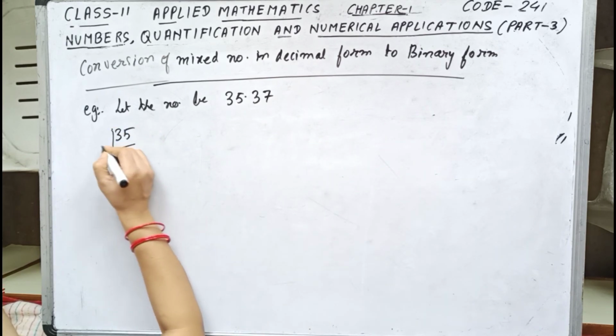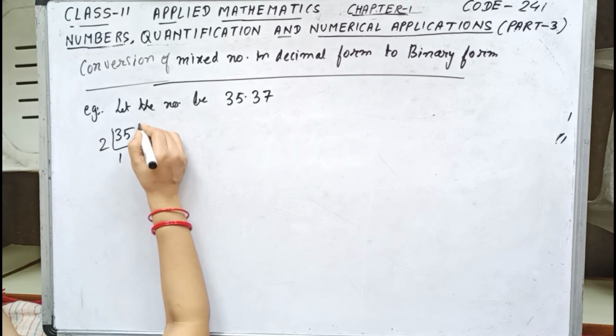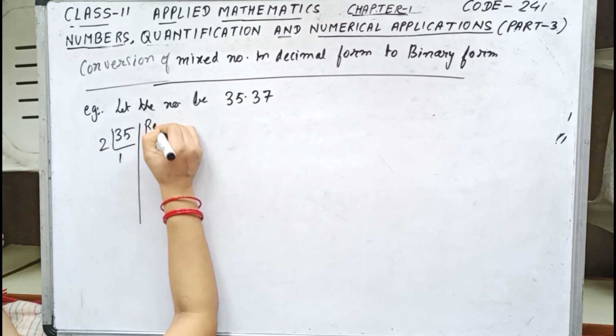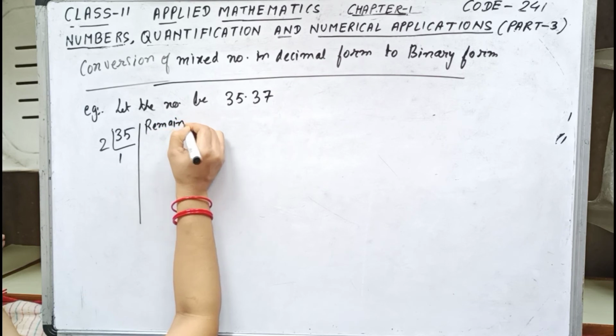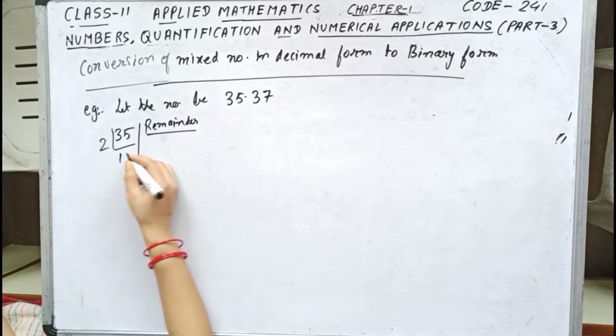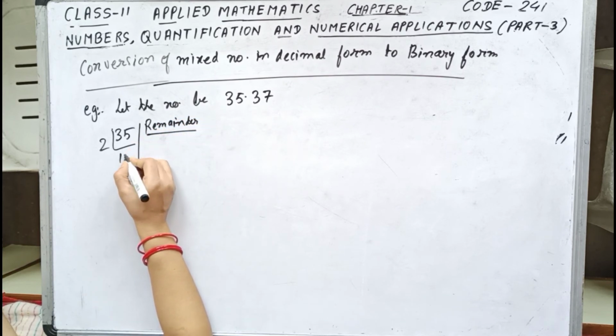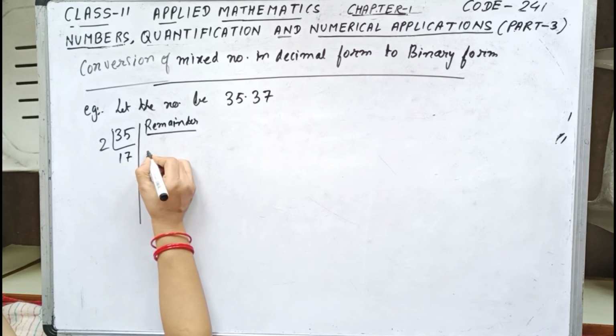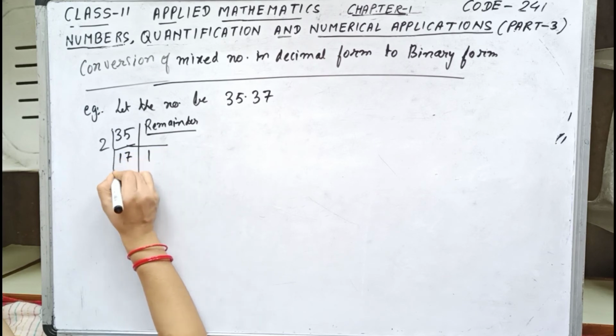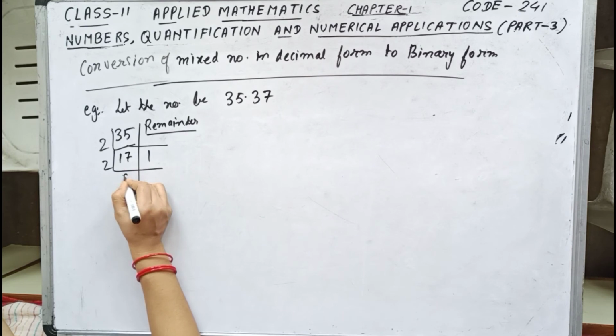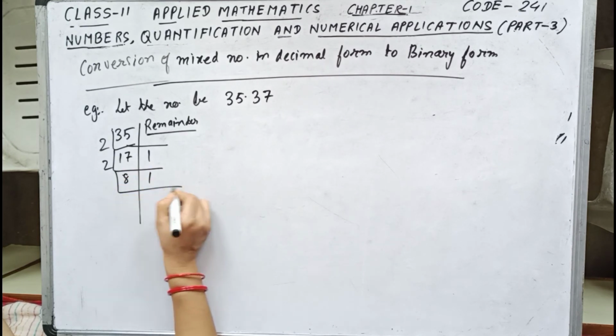So 35, let us divide it by 2, with the remainder column over here. 2 17s are 34, remainder is 1. Then 2 8s are 16, remainder is 1.